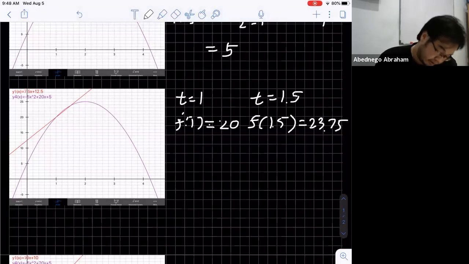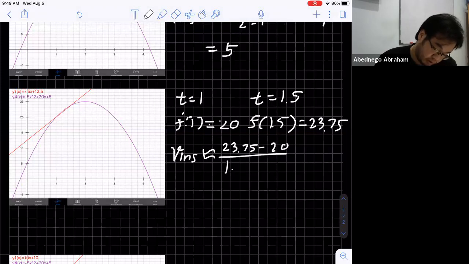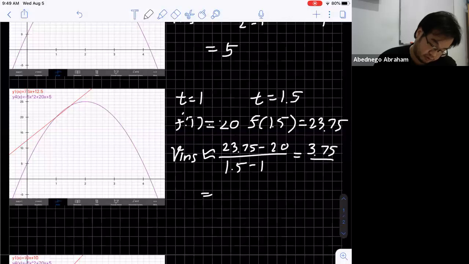So the instantaneous rate of change will be approximately 23.75 minus 20 over 1.5 minus 1, which equals 3.75 over 0.5, which is 7.5.